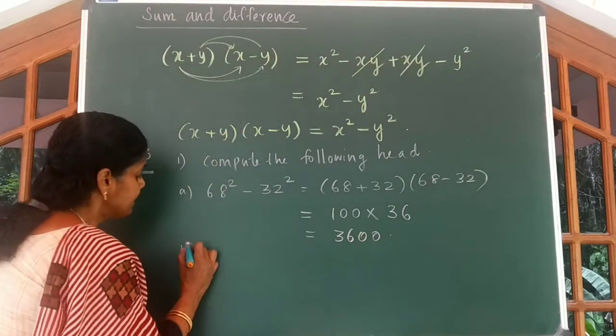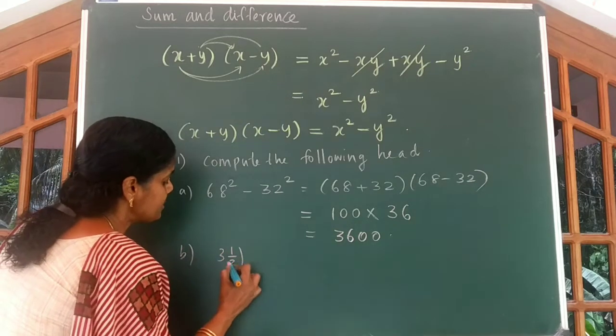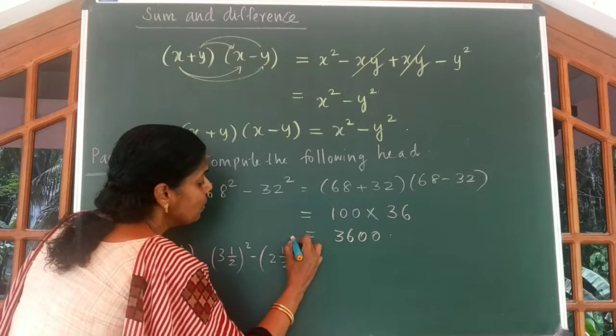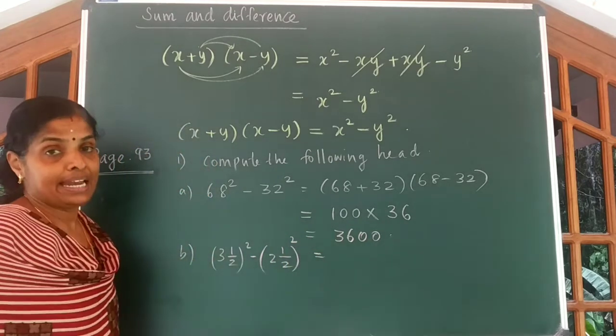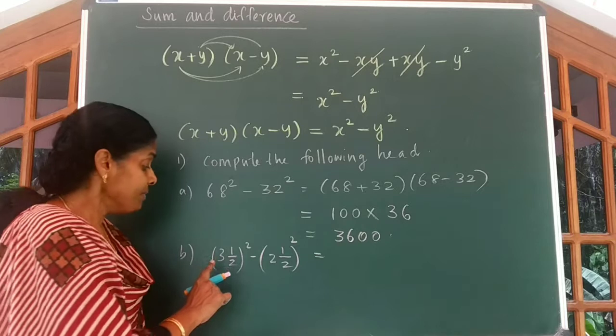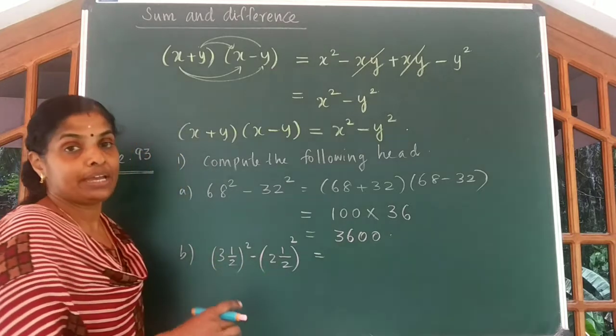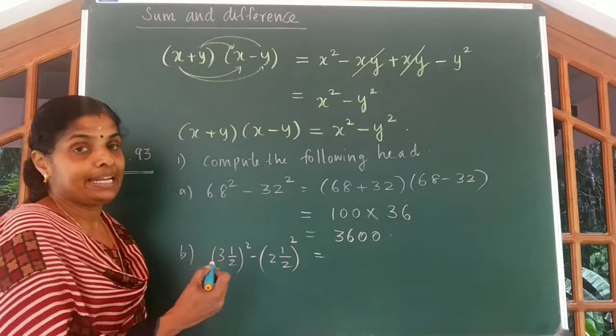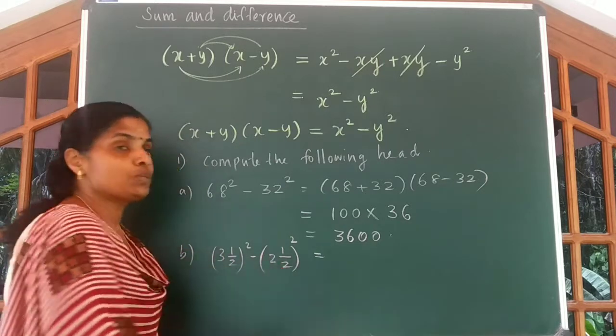Look at the B part of the question. You have (3 and half) whole square minus (2 and half) whole square. Again you can understand this is of the form a square minus b square, or otherwise x square minus y square. Use the identity x square minus y square.